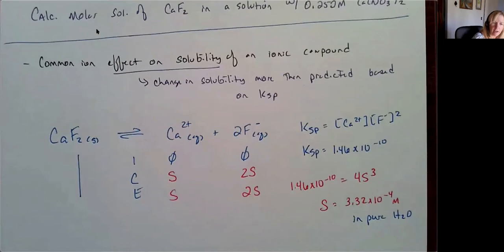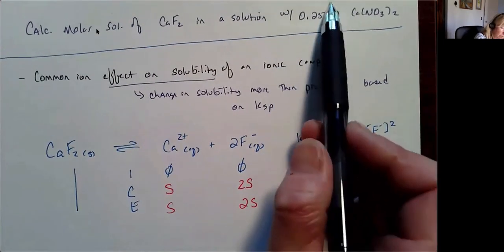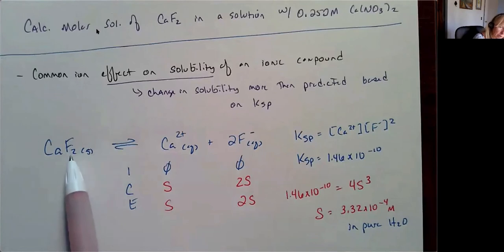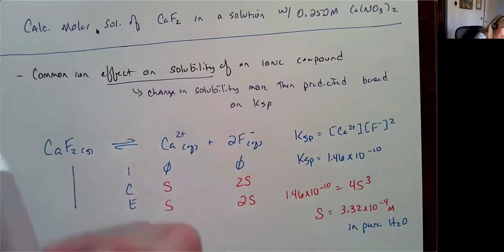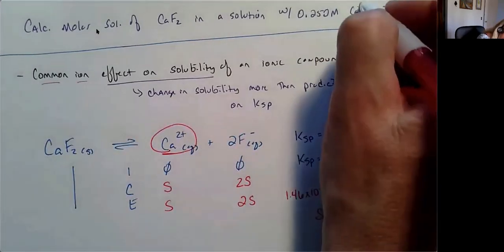But I don't have pure water. I have a solution that has 0.250 molar of calcium nitrate, and since one of the ions of my ionic compound I'm trying to solvate also has calcium, that's my common ion. So my common ion here is calcium because I have calcium up here.